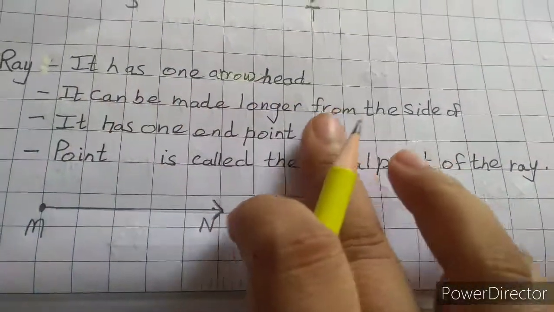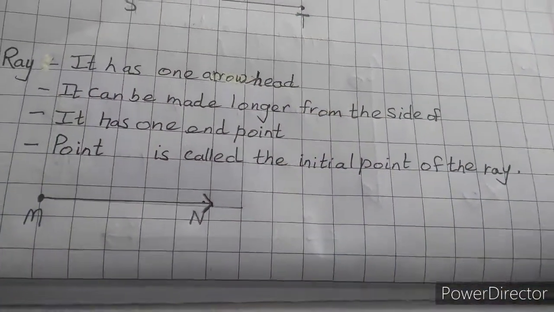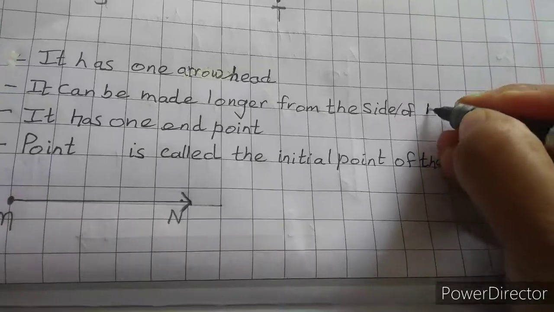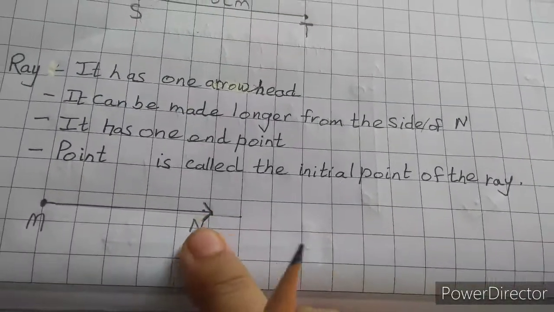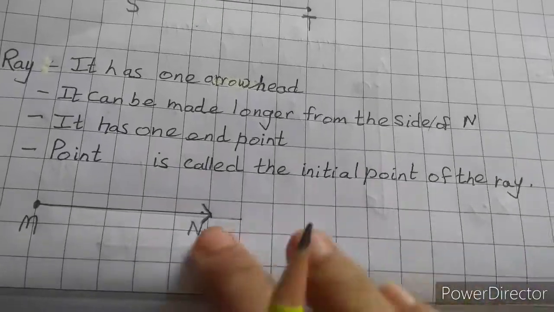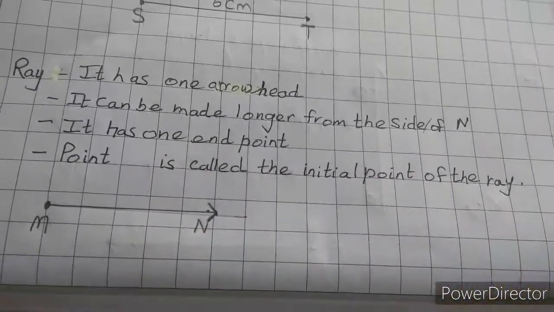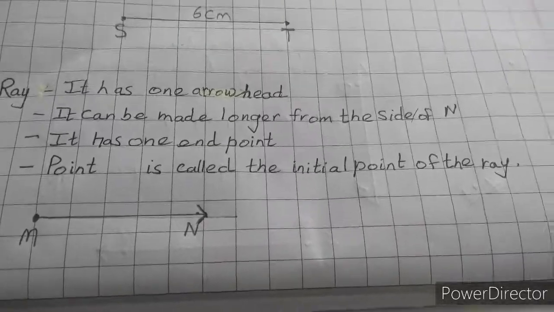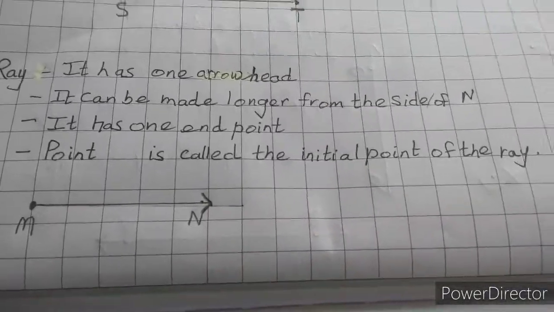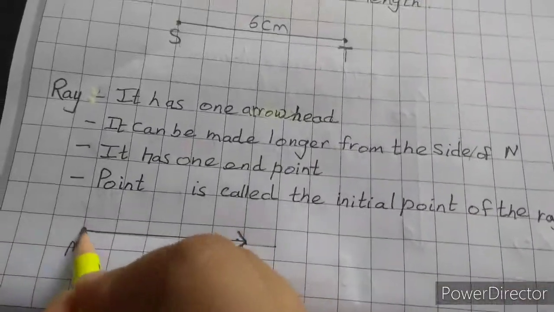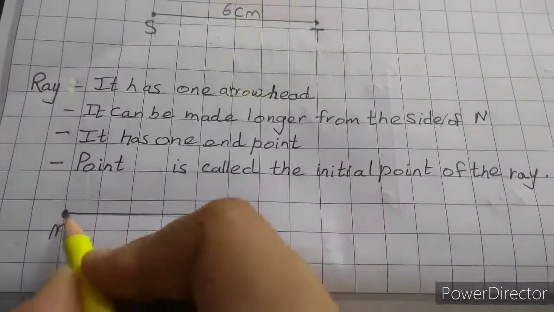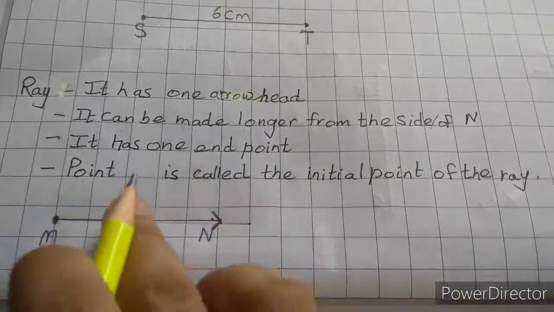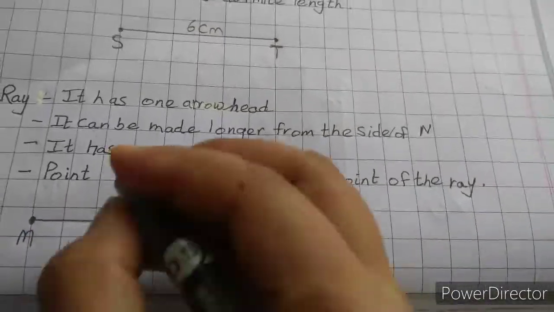It can be made longer from the side of N. जिस side arrowhead है, that means this point, इस point से हम इसकी length बढ़ा सकते हैं. That is why it is known as a ray. It has one end point. That means यहाँ इसका starting point है. This point is the point M.